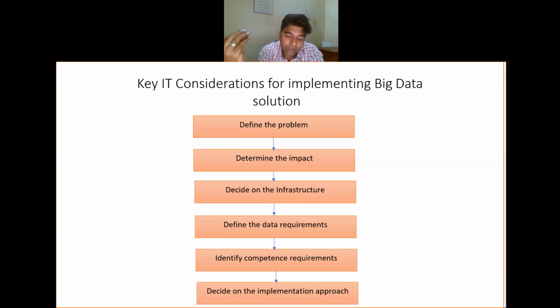Are new servers required? If the business firm already has some servers, do they need more, or can the existing servers be used? That is also decided.